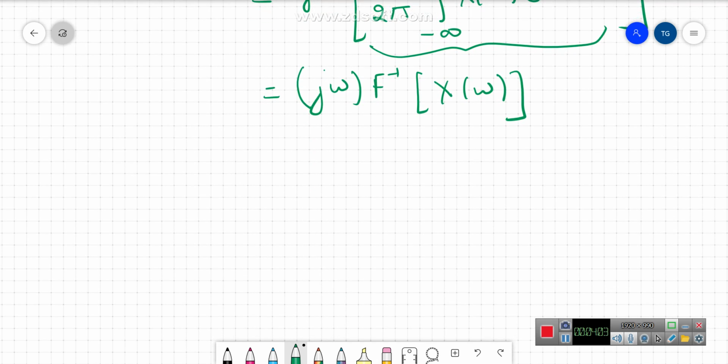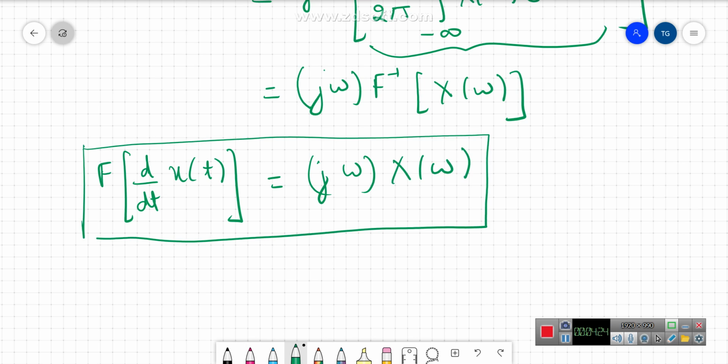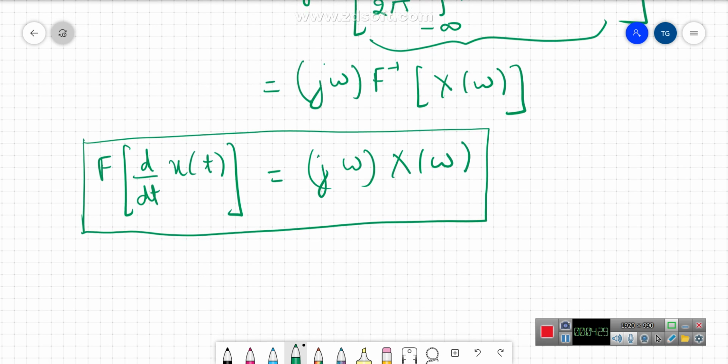So we can write here that Fourier transform of d by dt of x of t is nothing but j omega X of omega. So this is how we prove that differentiation in time domain is nothing but the Fourier transform of that signal getting multiplied with a factor j omega. So this is pretty easy and it is clear.